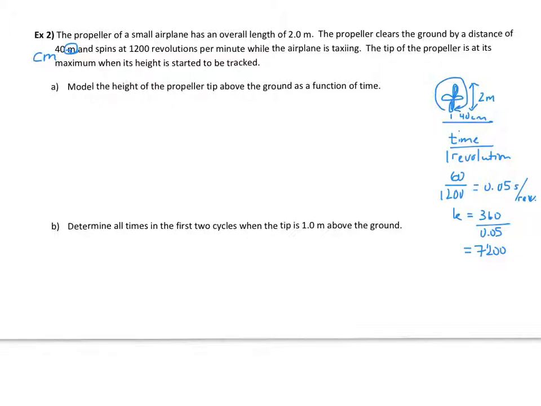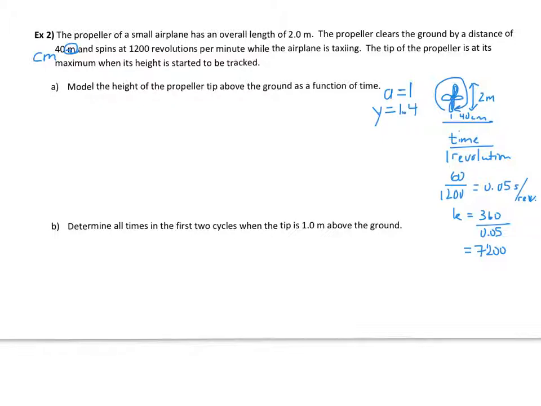The amplitude equals the radius, so the a value is going to be 1 meter. The axis, the middle point of that rotating propeller, would be 1.4 meters above the ground. So we have the axis of the curve at 1.4.